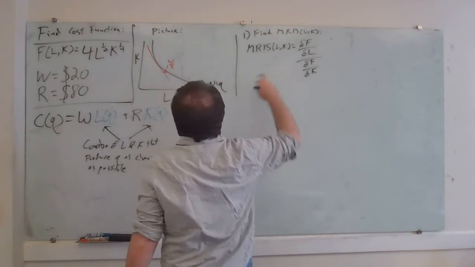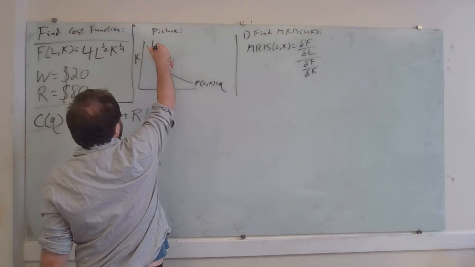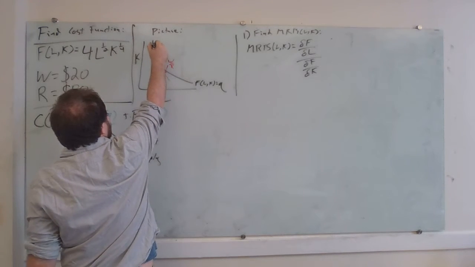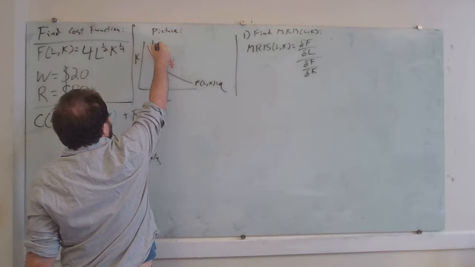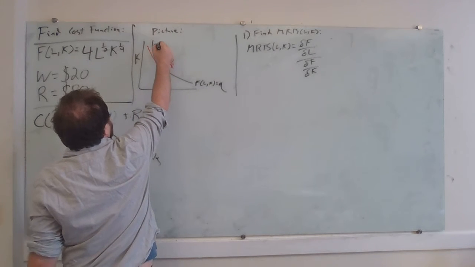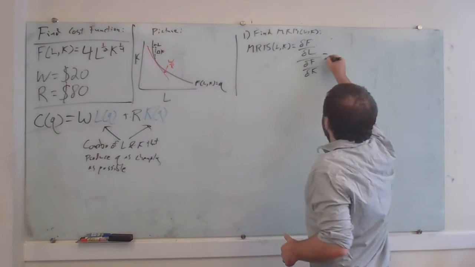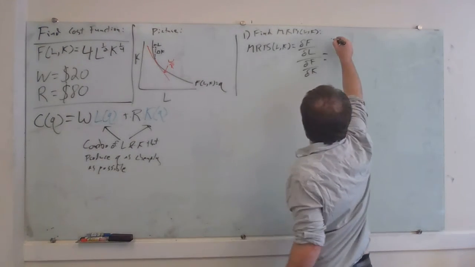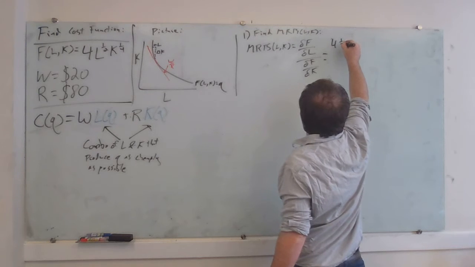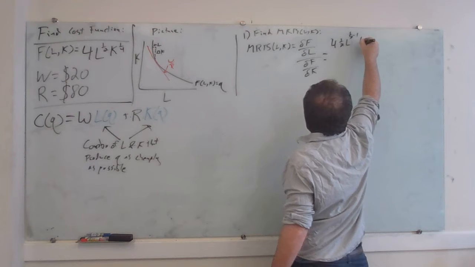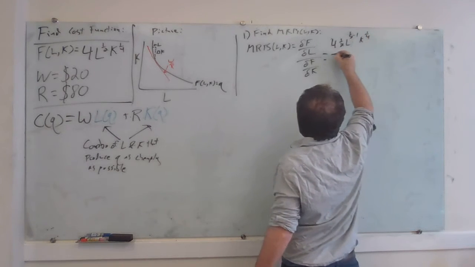Right? Why does it make sense that we want to know the amount of capital it will take to replace a worker? Because we're trying to get the slope of our isoquant, which is going to be the change in capital over the change in L, rise over run. Cool. Okay. So what's dF/dL? dF/dL is going to be 4 times 1/2 L to the 1/2 minus 1, times K to the 1/4.